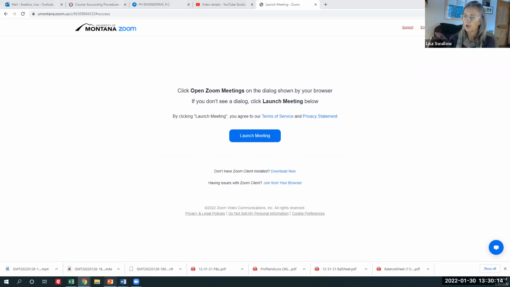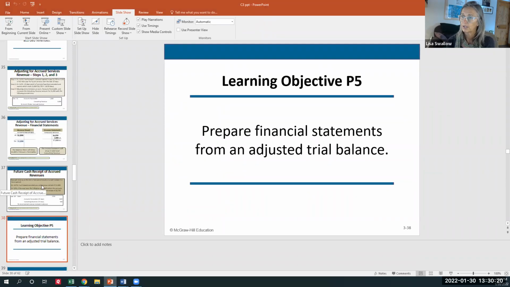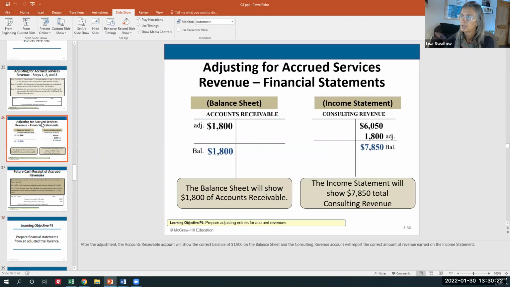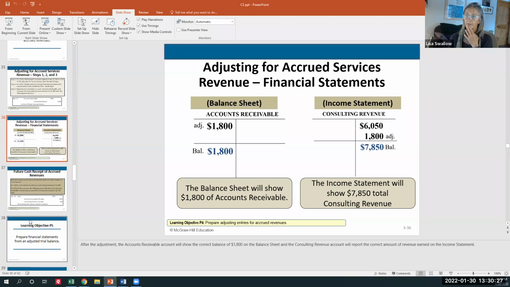So let's take a look. Let's finish off the slides for this chapter. I think we were, yeah, we did each of the 4 types of journal entries: adjusting journal entries for deferred revenue, deferred expense, accrued revenue, accrued expense.